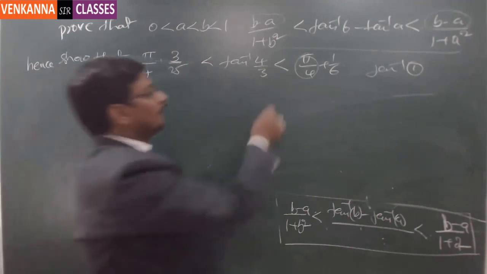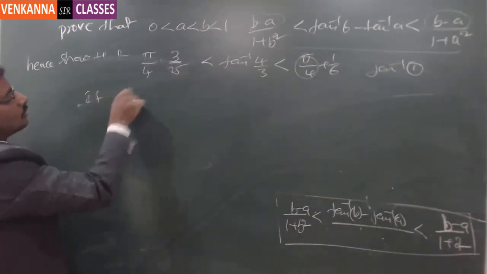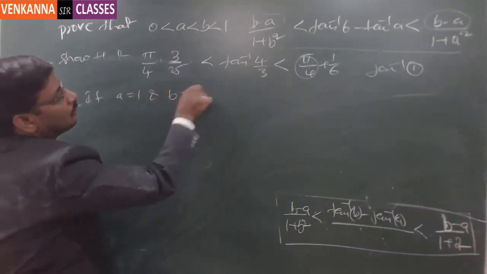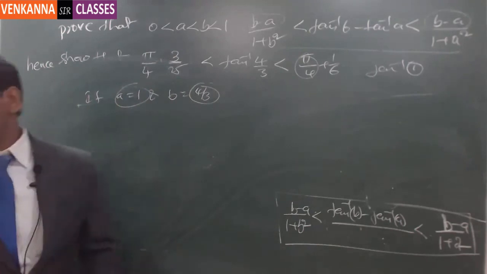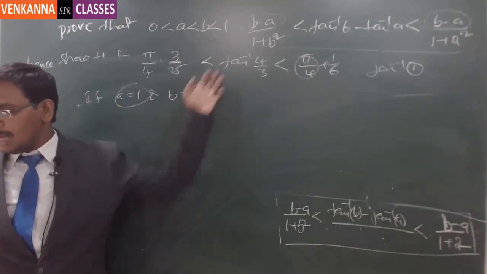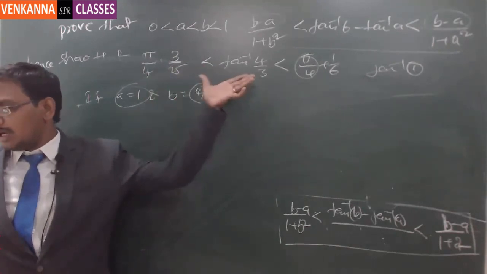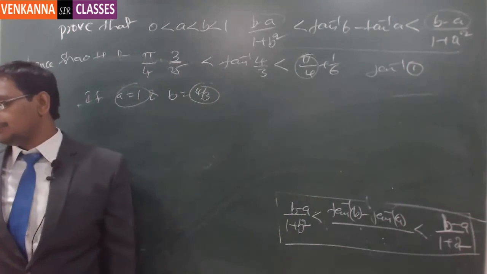So here in this equation, if a is equal to 1 and b is equal to 4 by 3, these are the conditions you need to guess. So then you can identify this relation by substituting it here. Got it?